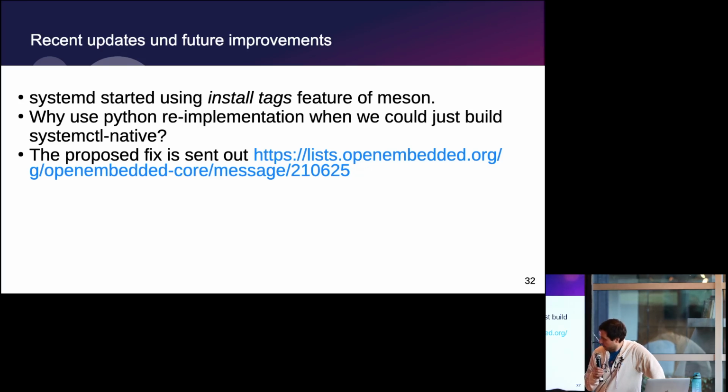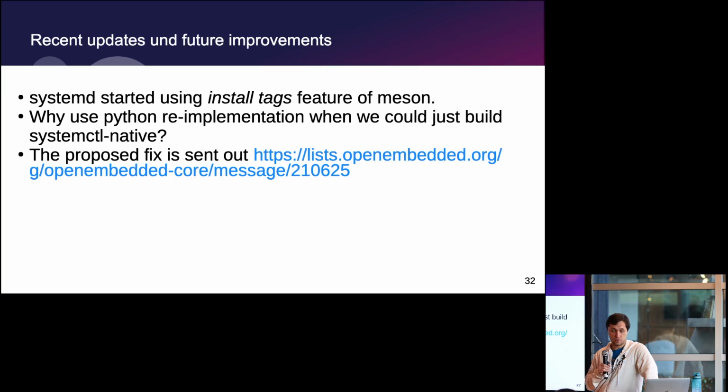I sent a patch to systemd yesterday, and I think it was approved just an hour ago, where we can just install systemctl. And this patch series over here is a proposal to replace the systemctl with the native build. So basically what you do is you check out the systemd you're going to use and you build only systemctl.